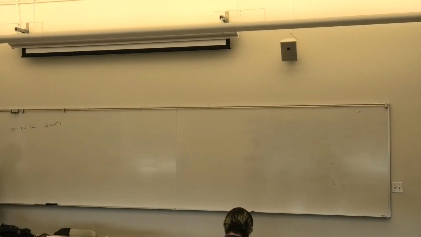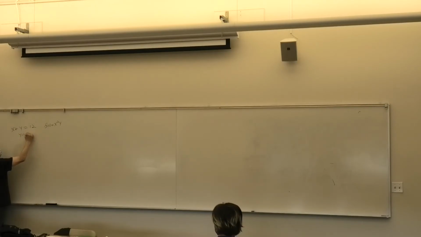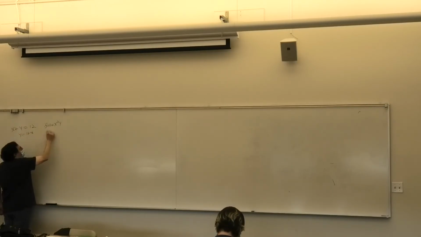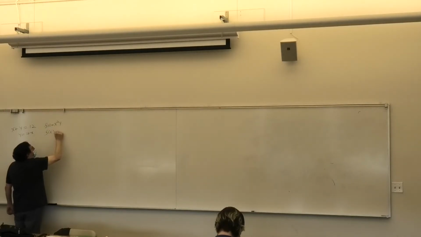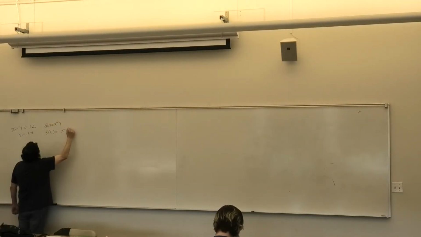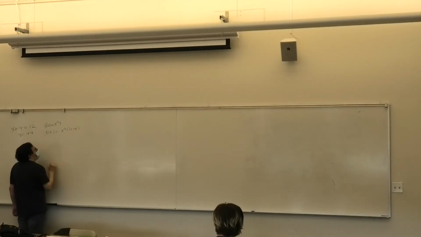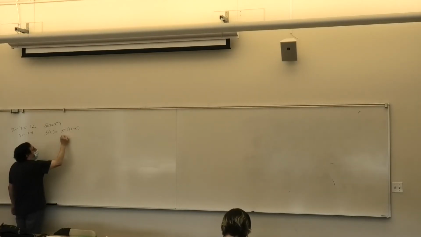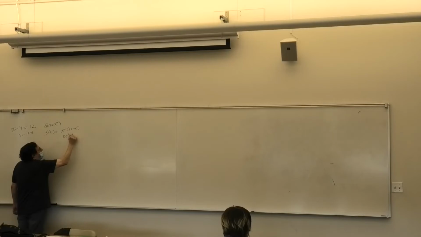This is easy because there's no geometry, but just watch how it works. I think what we want to do is get rid of y here. y is equal to 12 minus x. This becomes x squared times 12 minus x, or 12x squared minus x cubed.